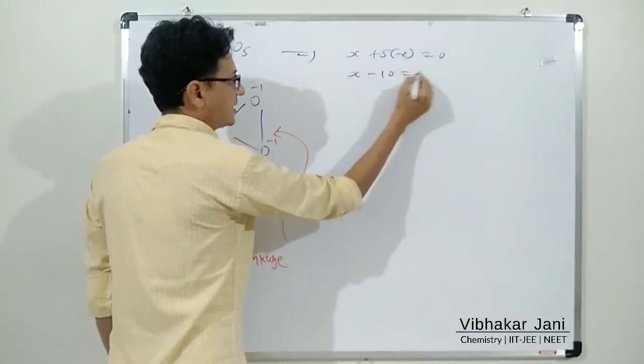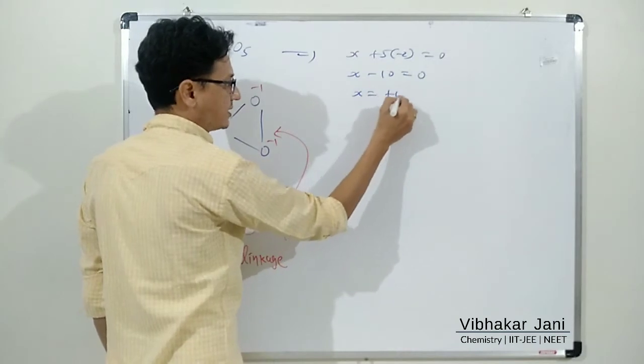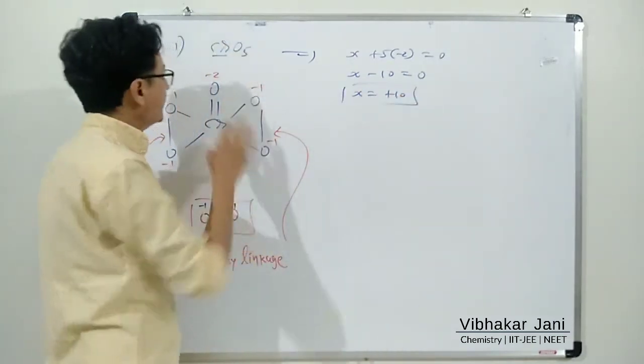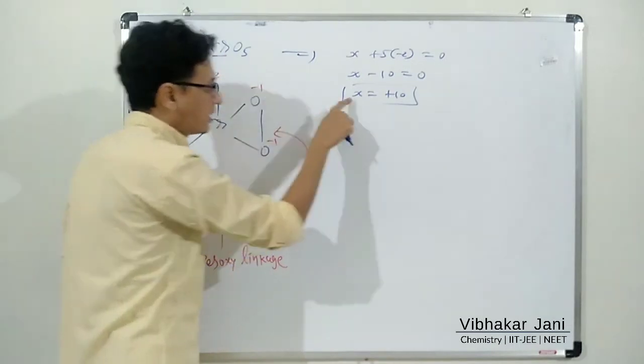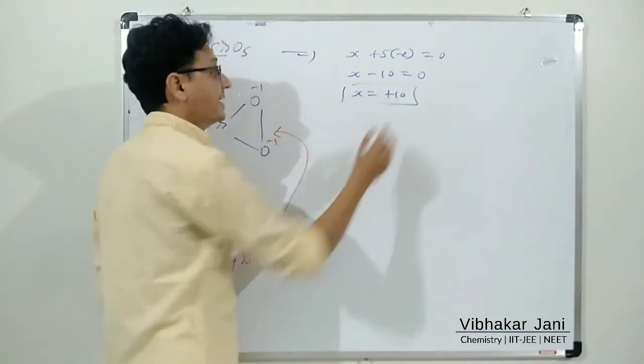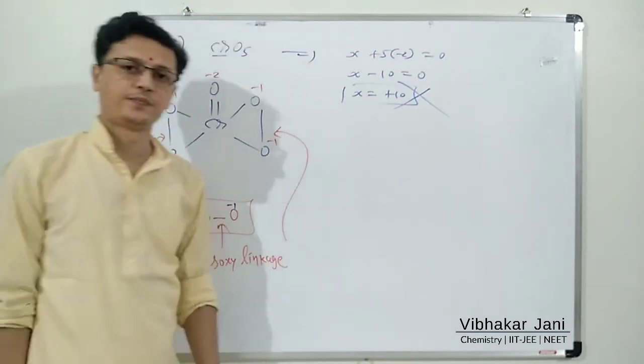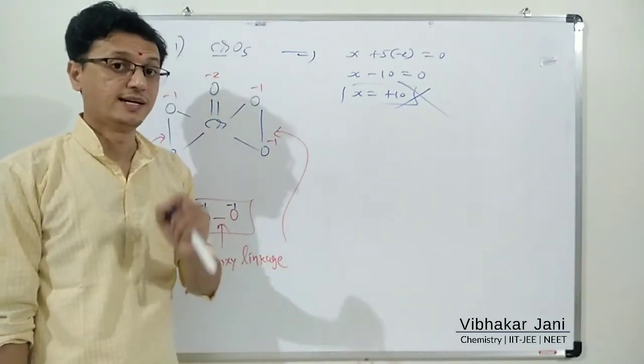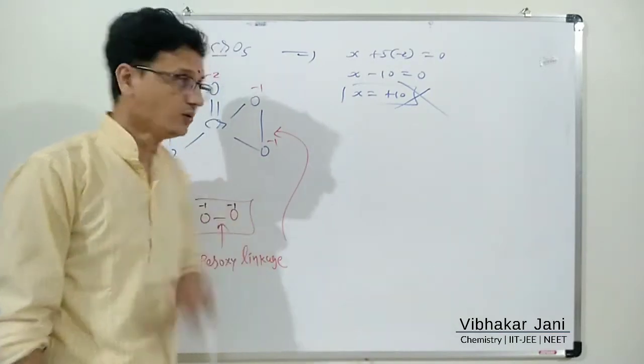So x minus 10 is equal to 0, so x is equal to +10. According to those rules, the oxidation state of chromium would be +10. That is wrong. The oxidation state of chromium is not +10. It is +6. But how?